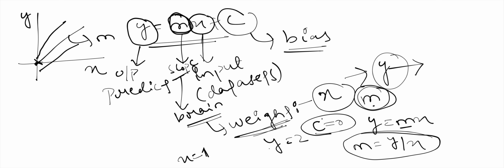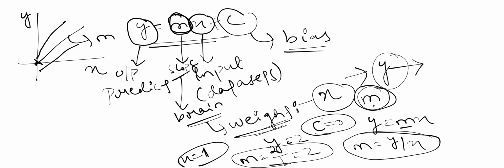We can easily calculate the slope. M is equal to y by x, so 2 by 1, that implies 2, so m is equal to 2. It's easy. But this is not the kind of data we are dealing with in AIML. These are simple numbers. In AIML, we are dealing with matrices that have features.